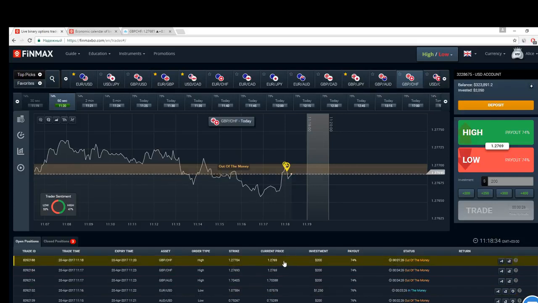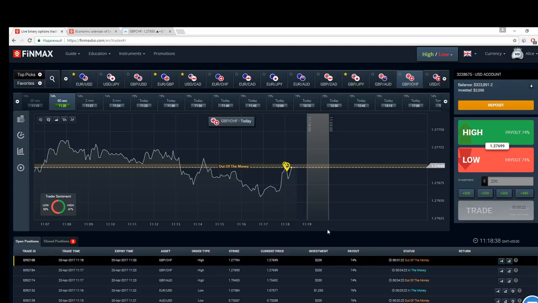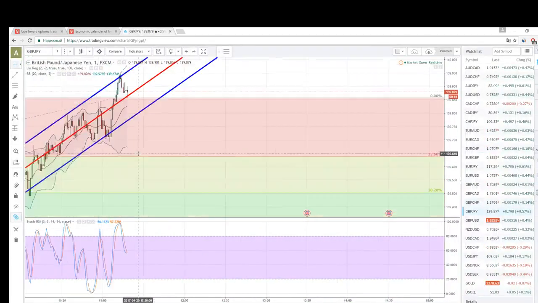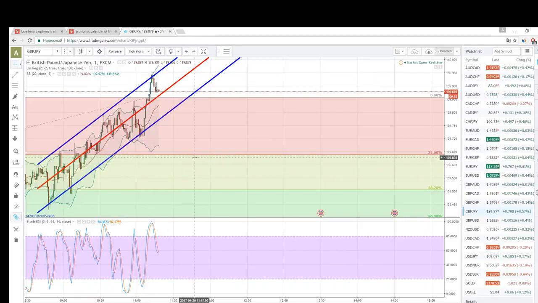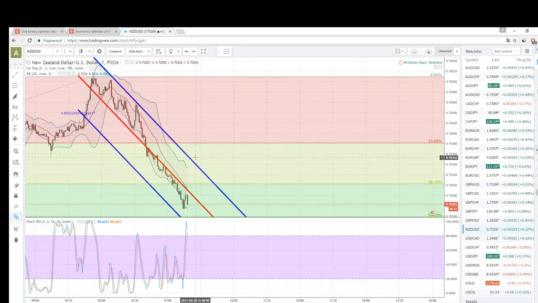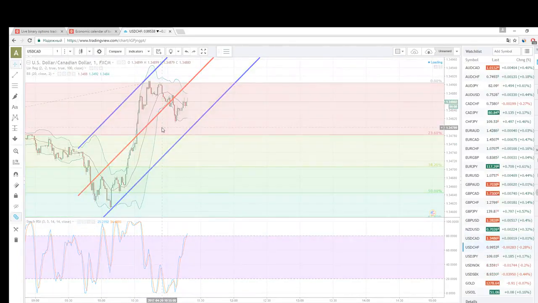Okay, the shortest expiry time currently is 1 minute 20 seconds, so I will come back to it later. Okay, what do we have here? That's still 1 minute, okay.